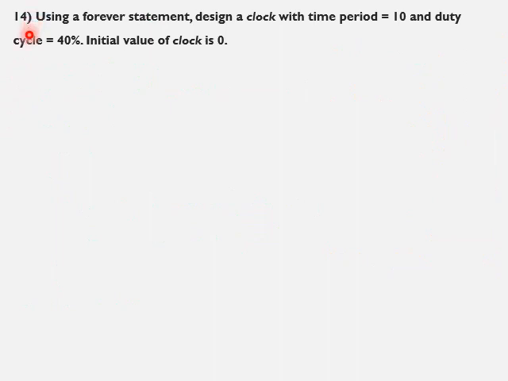Next question. Using a forever statement, design a clock with the time period equal to 10 and duty cycle equal to 40%. Initial value of clock is 0. So you are required to generate a clock using the forever statement. The total period of the clock is 10.